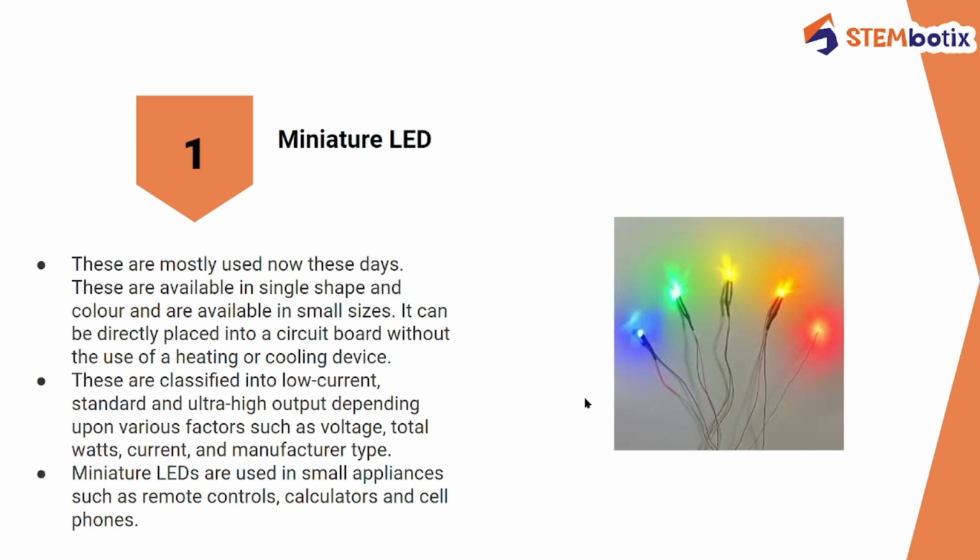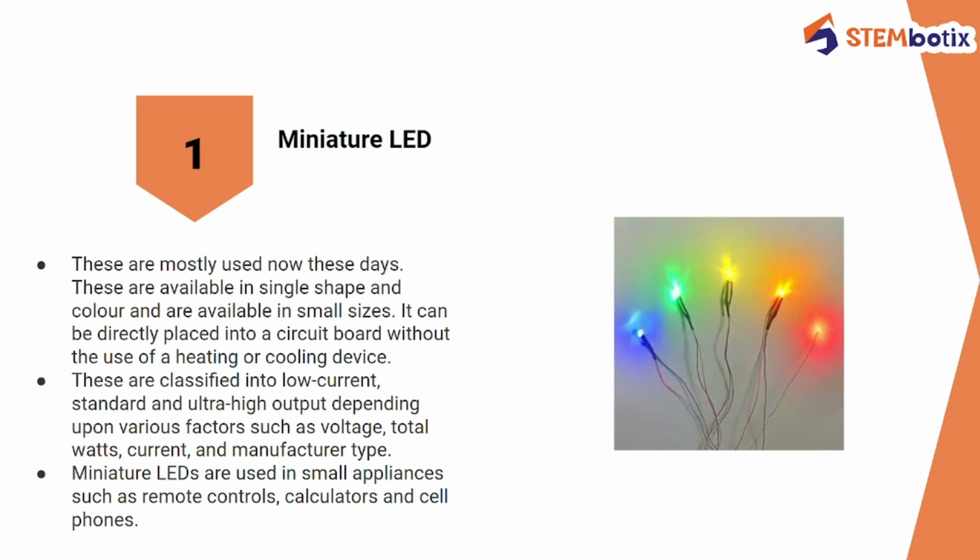They are available in single shape and color and in smaller size. They can be directly placed onto a circuit board without the use of a heating or cooling device. These kinds of LEDs are so small, and the operating range and voltage are low. That's why they don't need a particular cooling or heating device, so they can be placed onto the circuit board directly.